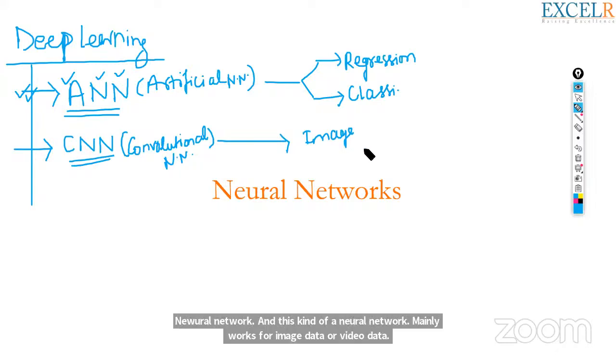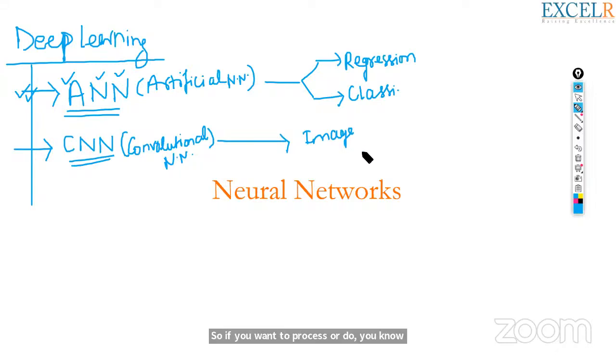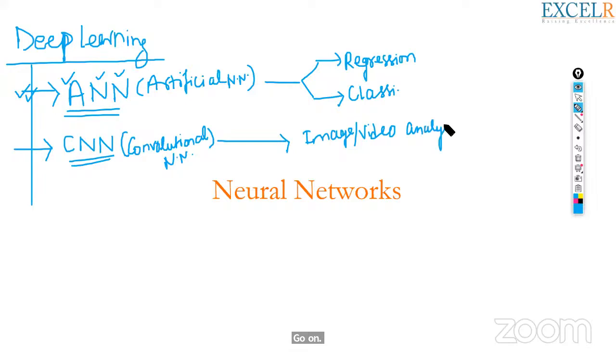If you want to do model building based upon some images or videos, we use a convolutional neural network, where the input is images, and based upon the problem statement, we do the analysis.